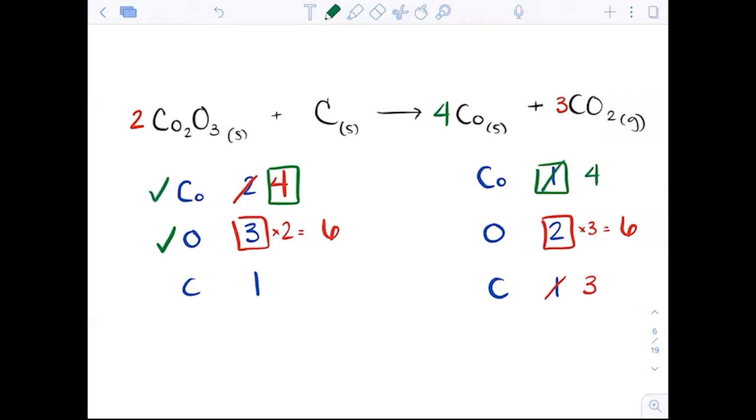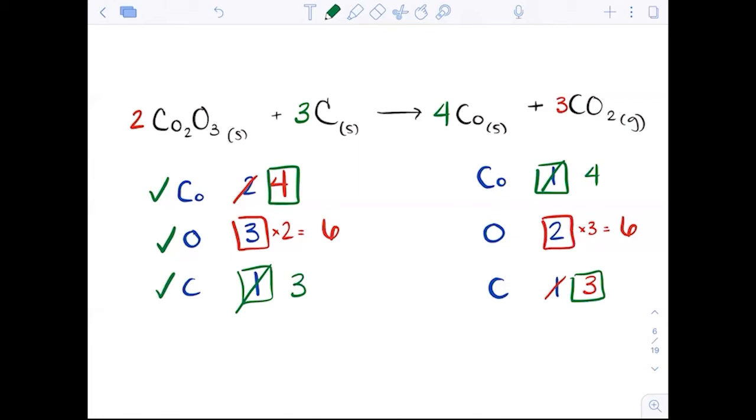Wonderful. Put a 4 in front of it, it's done. Carbon, 1 versus 3. Put a 3 in front of that one, it's done. So there's my final overall balanced equation.